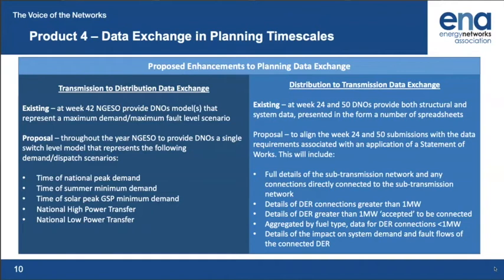The proposal is really to align the system data requirements with the statement of works requirements. So that will include full details of the sub-transmission network and any connections directly to that sub-transmission network, whether those connections be to a DNO or an IDNO owned piece of network.